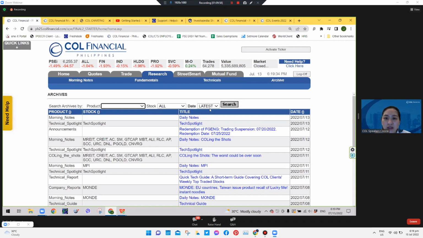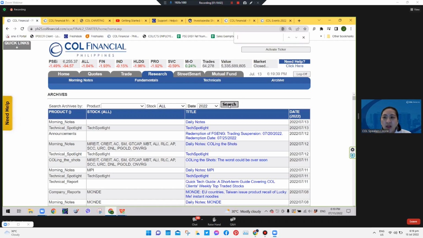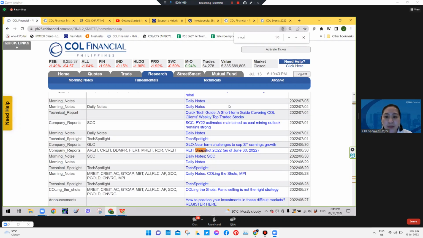Okay, 2022. I just press Control F to look for it and type snapshot. Here, June 30. Take a look at this REIT snapshot report. It will tell you all about REITs, their performance, and how we compare them side by side.